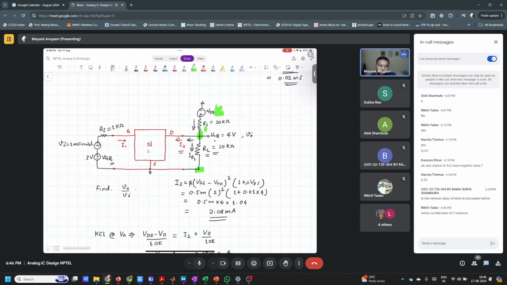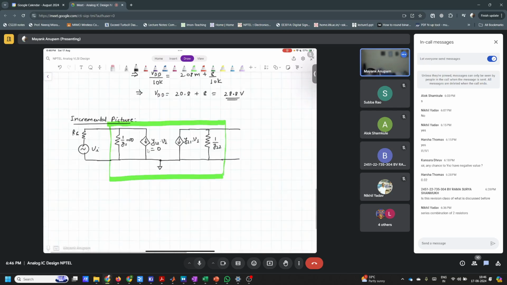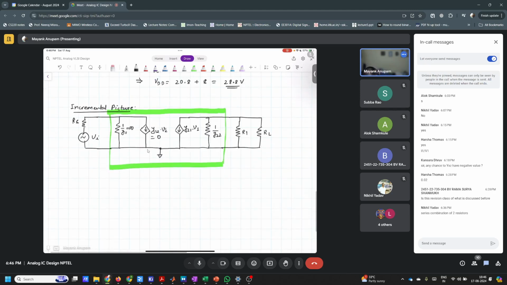This node VDD is going to be grounded in the incremental sense. So R1 is also going to be connected to ground. Got it? So we have two different resistors here. So this is R1 and this is RL. Both are connected between VOQ and ground.